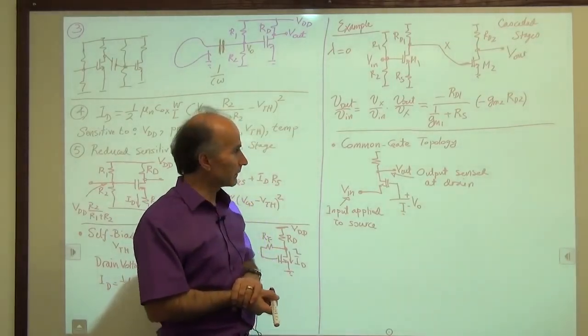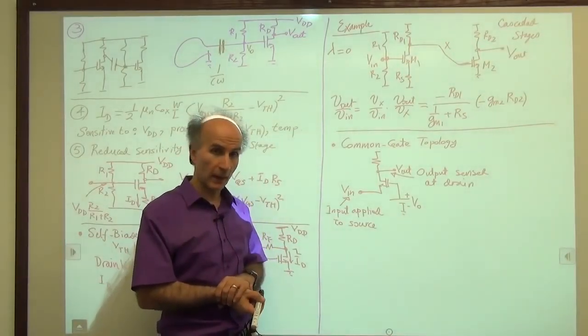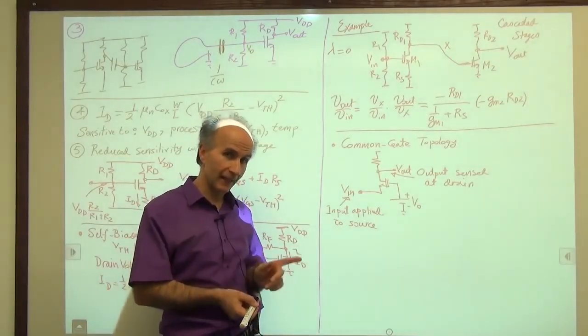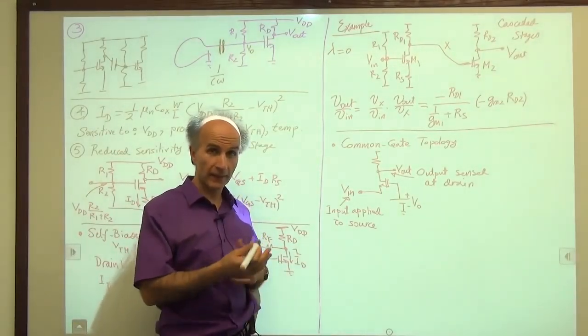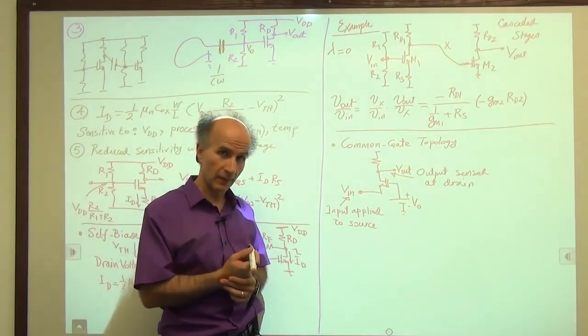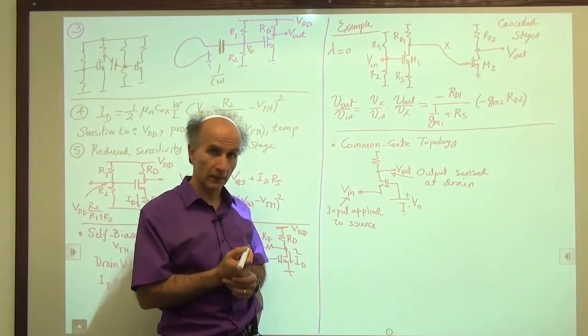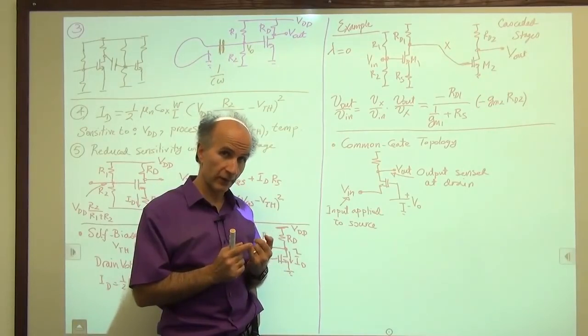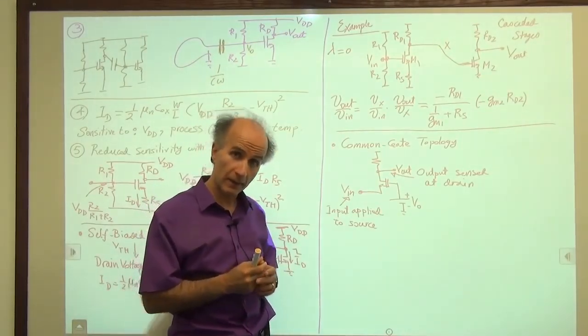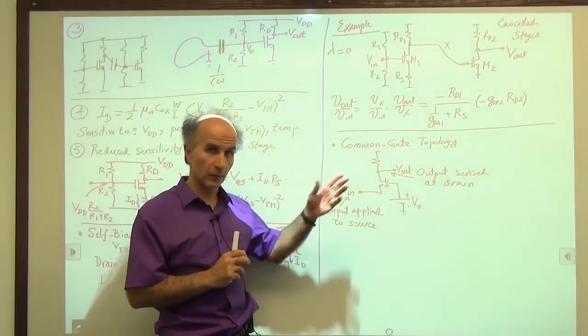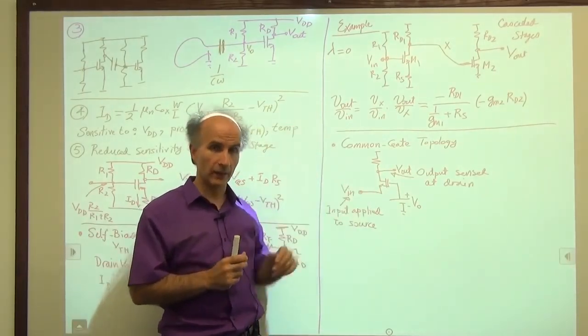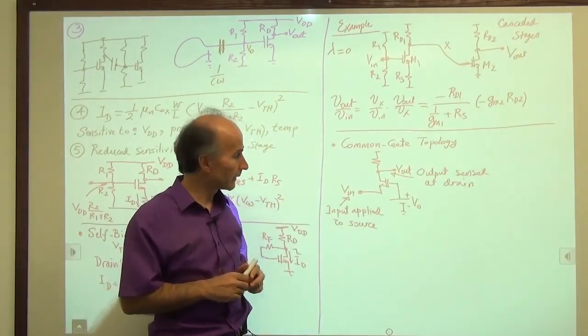So it's a little different from the common source stage because the input is not applied to the gate, it is applied to the source. And we will see that this has some interesting implications in the design. The gain of the circuit looks a little different, and the input impedance of the circuit looks a little different. So those are interesting differences between this topology and the common source topology.